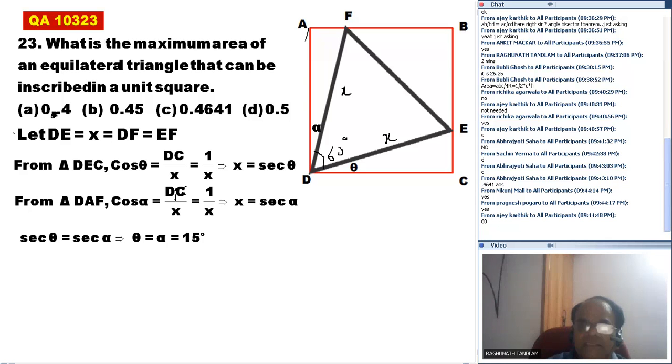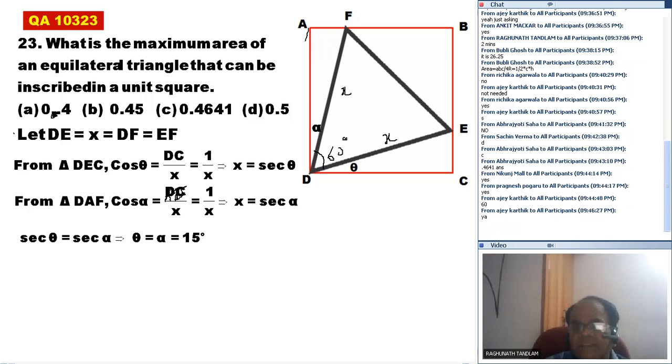That is base by hypotenuse, AD by X. I am trying to prove that theta and alpha are the same.